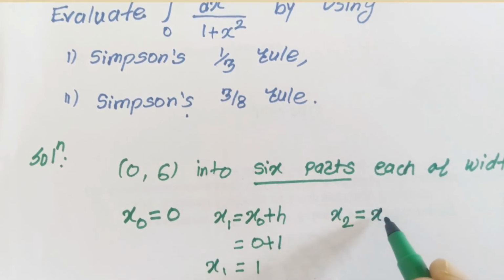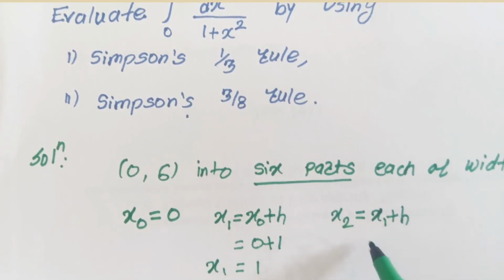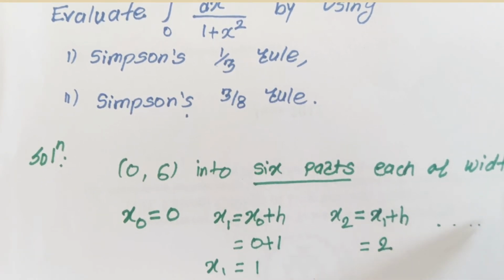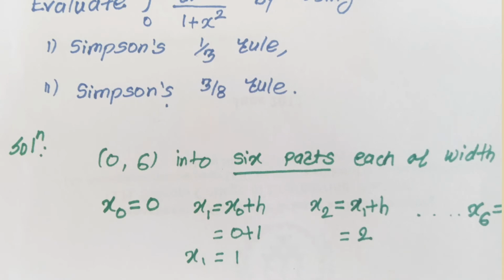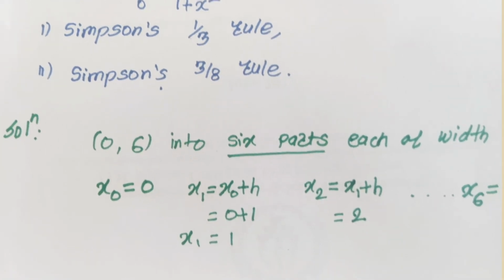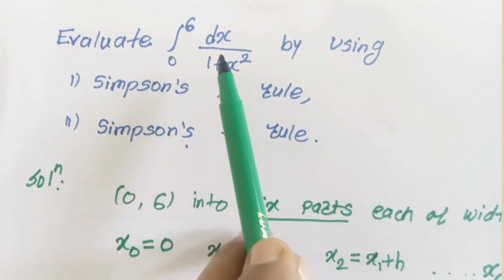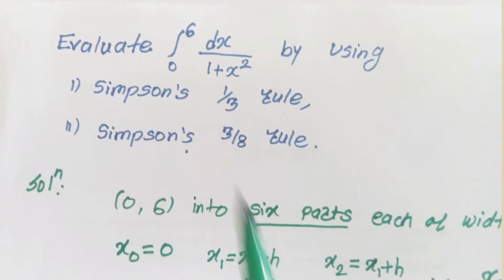x2 is nothing but x1 plus h, so here we get 2. In this way we get x6 equals 6, and here we are solving this integral. We know the function is 1 upon 1 plus x square.